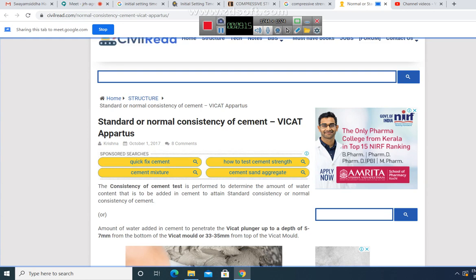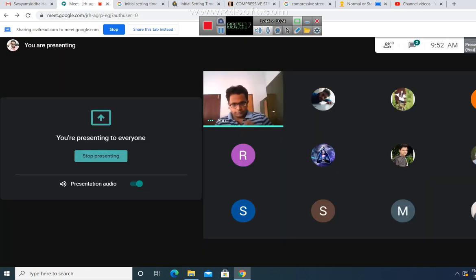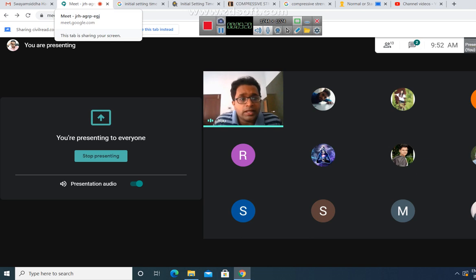Here you can see that is Vicat apparatus. This Vicat apparatus is very important. You have several tests on cement which are performed using this Vicat apparatus. Right now I told you that the standard consistency of cement is determined using the Vicat apparatus.